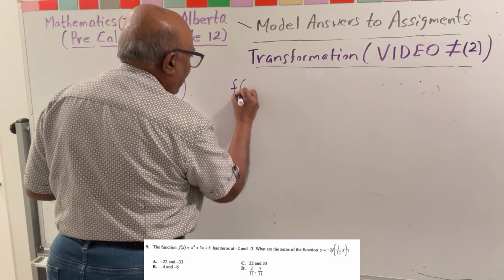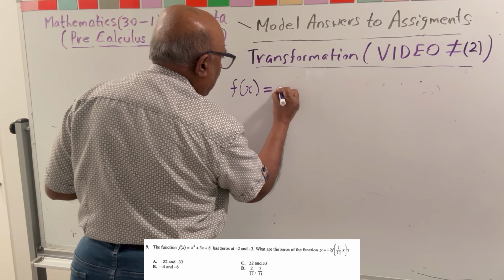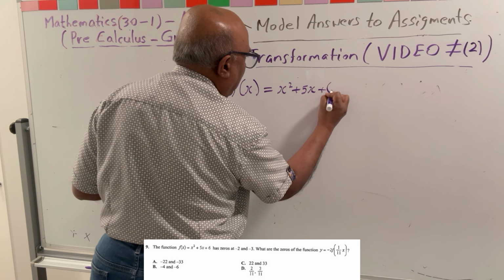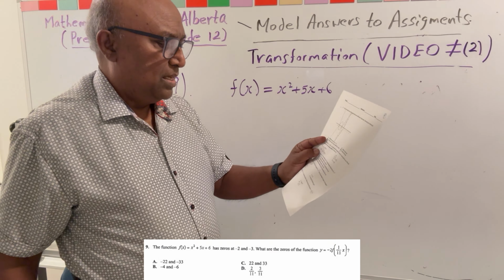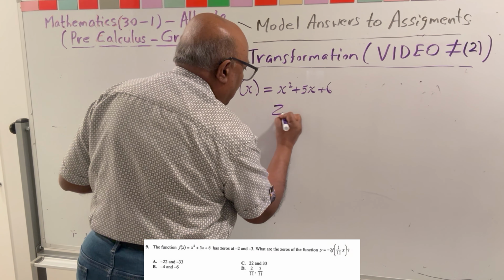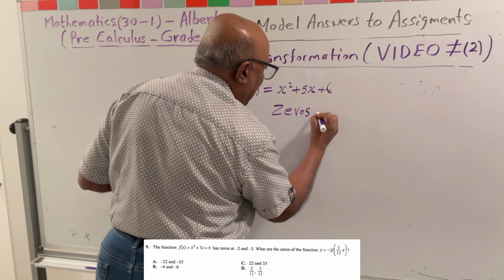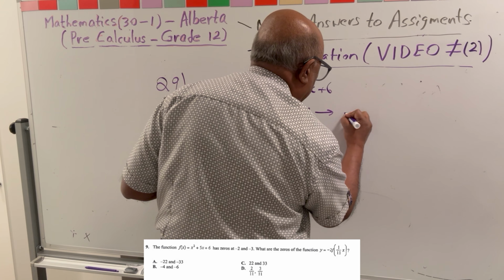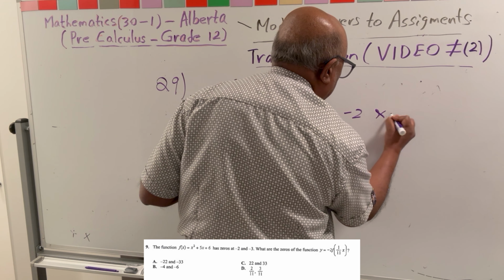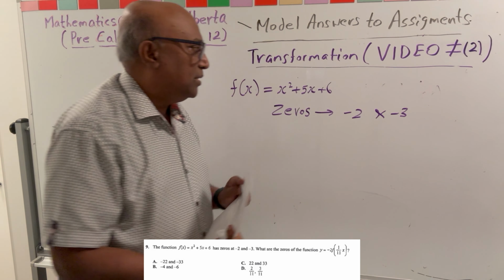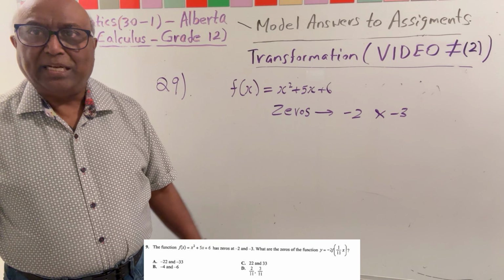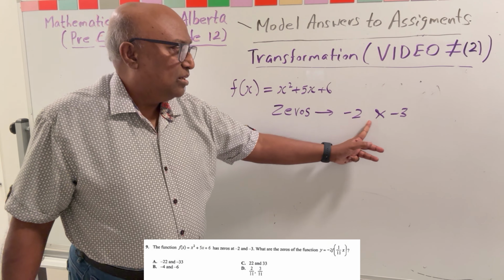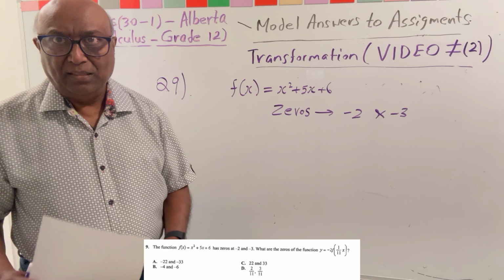The function f of x equals x squared plus 5x plus 6 has zeros. That means the zeros of this function are -2 and -3. Zeros, x-intercepts. That means when you sketch this graph, these are the x-coordinates where the graph cuts the x-axis.